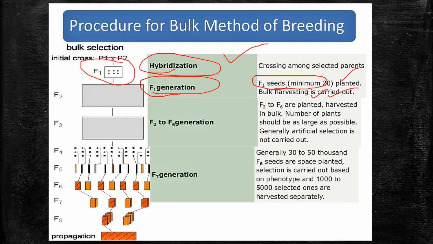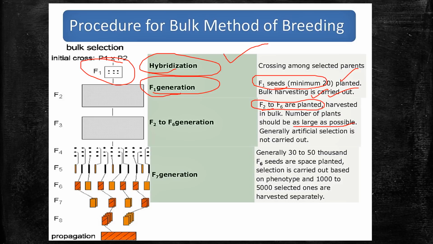Having planted the F1 seeds and done the bulk harvesting, you'll get various plants like F2 to F6, which are then planted and harvested. The number of parents should be as large as possible.